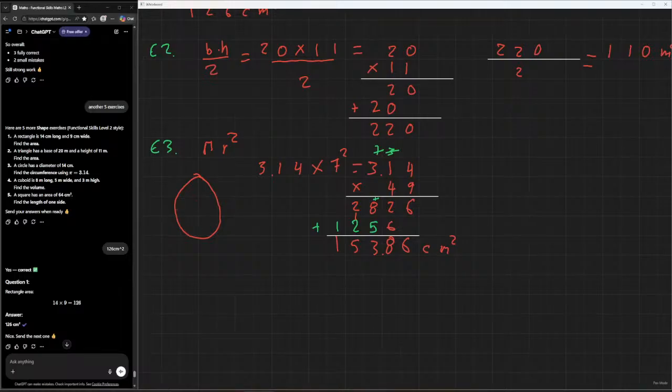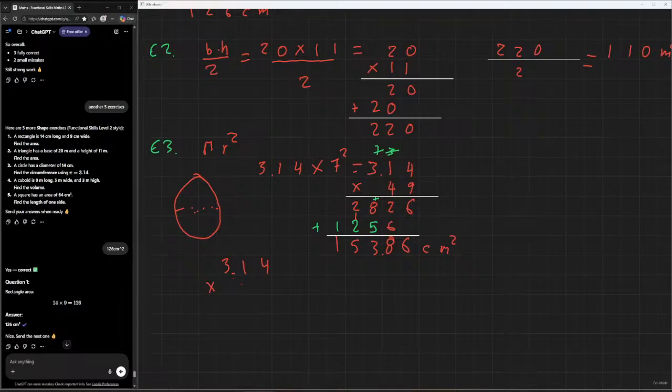Diameter is 14. This one is 14, right? What is the r square? Maybe it was this times the 14. Okay, let's check.